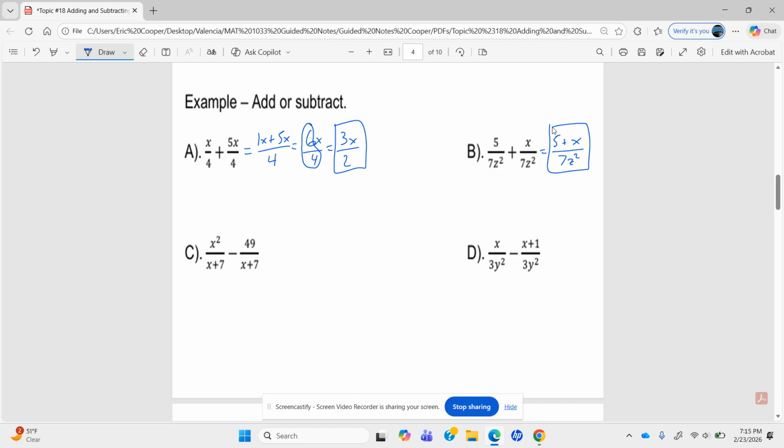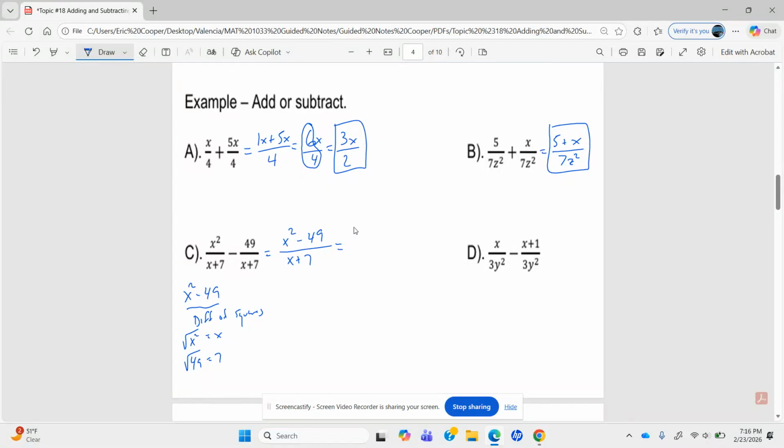C is a great example of making sure when we combine, we go through and see if we can simplify any further. We notice that both have the denominator of x plus 7. So here, I would do x squared minus 49. But x squared minus 49 should stick out. It's two terms. It's got a minus sign. It's got an even exponent and a perfect square. This we should be able to factor using difference of squares. The square root of x squared is x, and the square root of 49 is 7.